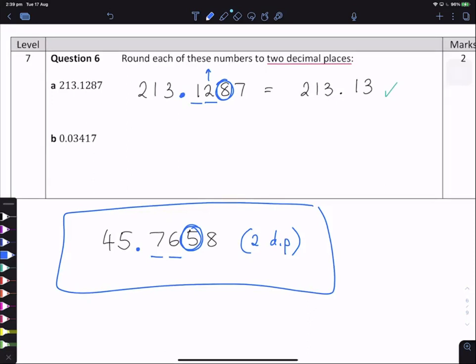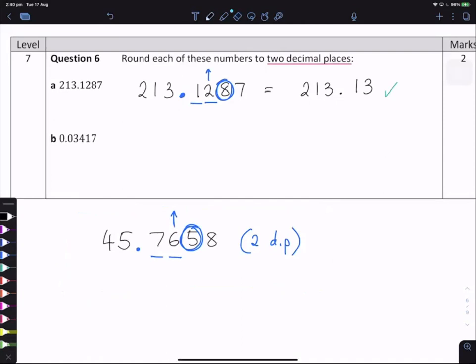Six, yes. This number tells us what number we have to round up before it. So that number 6 is going to round up now to a 7. So our answer here, if we want to round it to 2 decimal places, it's 45.7. The 6 here goes up to a 7.